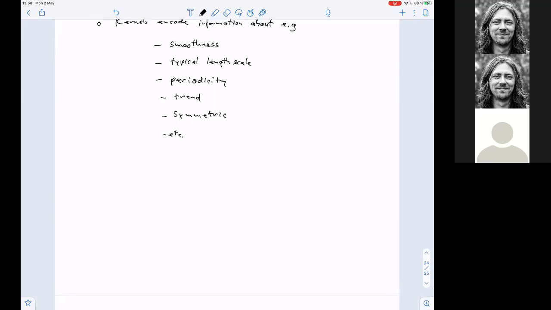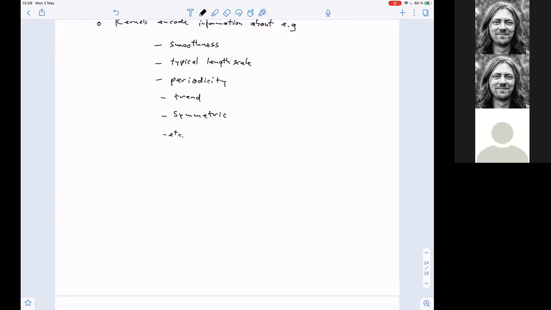So this is the main modeling step in GP regression. The choice of the mean function is much less important because you're completely dominated by the data and by the choice of kernel function.